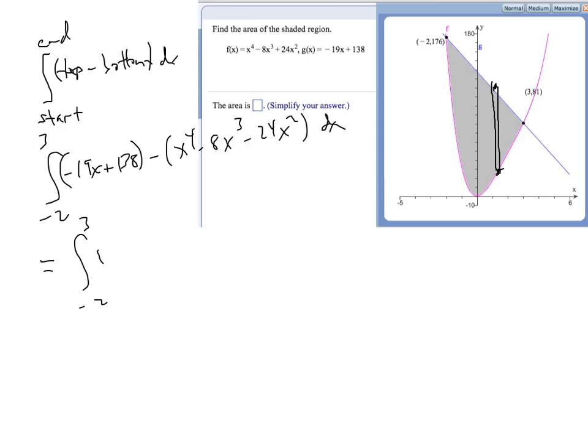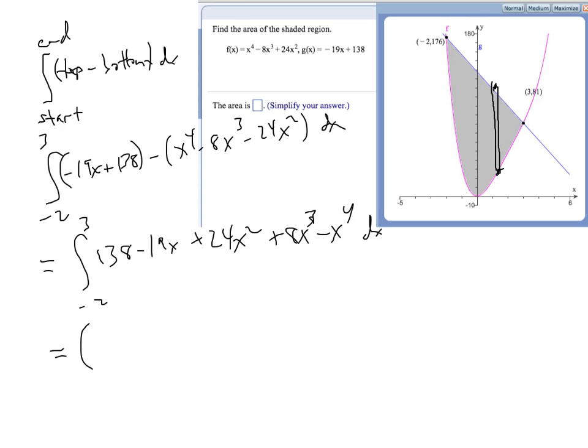So I'm going to write that first part as 138 minus 19x, so that I have the things with increasing degrees of x's, plus 24x squared. Again, I'm just looking at the minus here, plus 8x cubed minus x to the 4th. And so that's a little bit easier to look at.